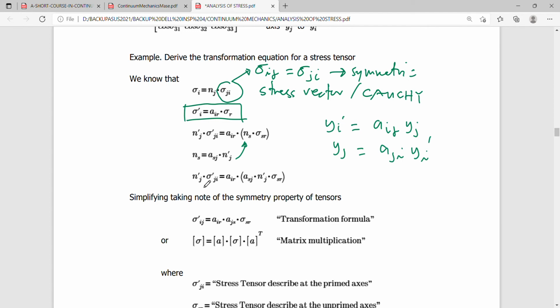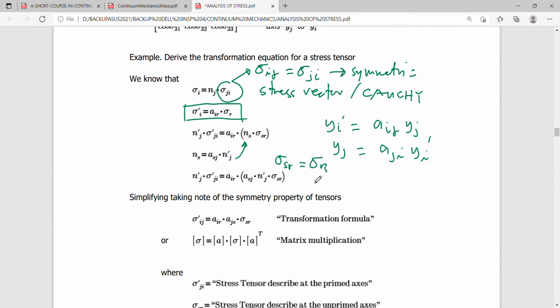But take note that my sigma sr is at the far end of the triple product, so I don't have to worry about the subscript sr or rs, since sigma sr is equal to sigma rs.